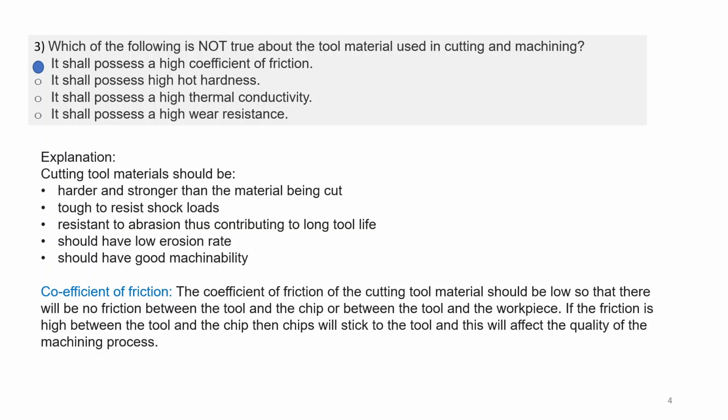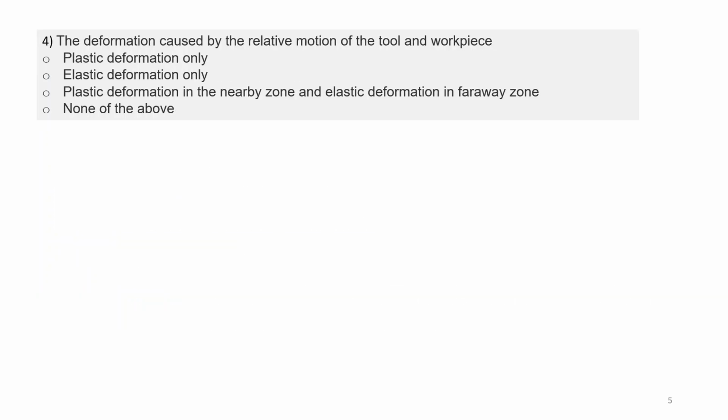And the coefficient of friction of the cutting tool material should be low. If the friction is high between the tool and the chip, then chips will stick to the tool and this will affect the quality of the machining process.